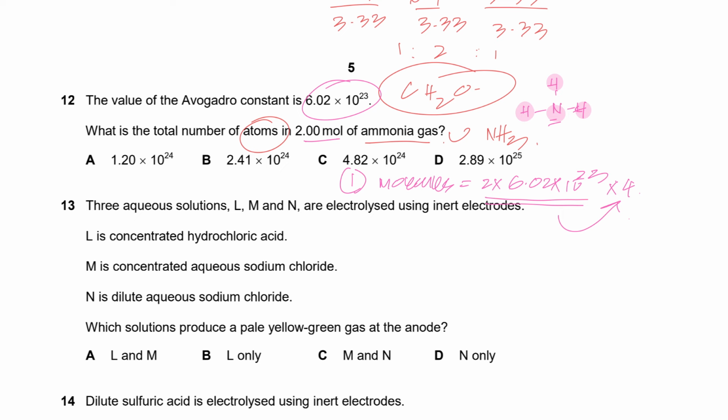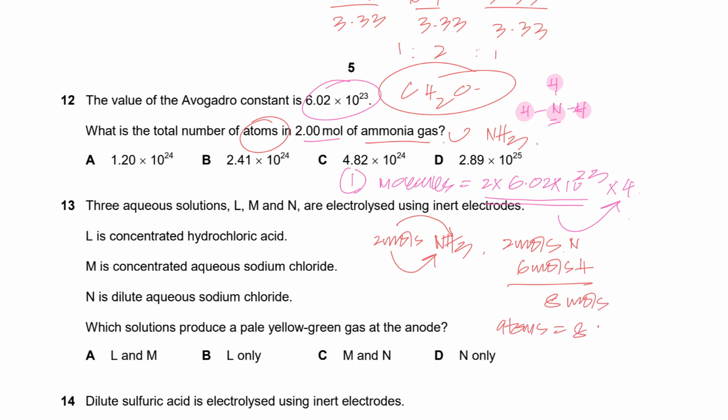The other way is to take 2 moles and ask how many moles of atoms that would be. So 2 times 1 gives 2 moles of N, and 2 times 3 gives 6 moles of H. In total, you have 8 moles of atoms. Then to find the number of atoms, take 8 and multiply by 6.02 times 10 to the power 23.